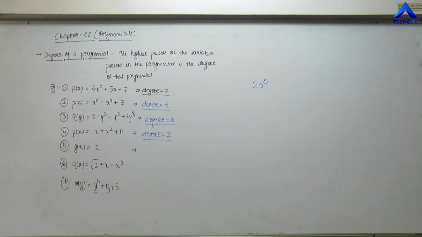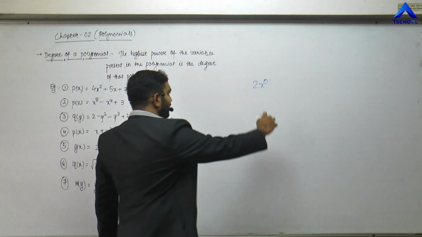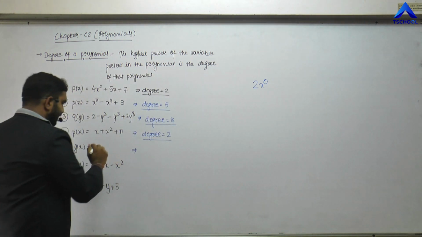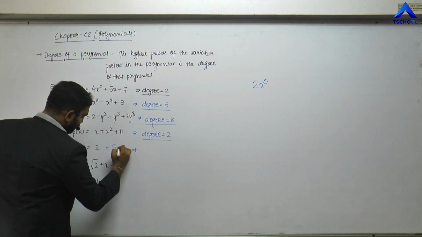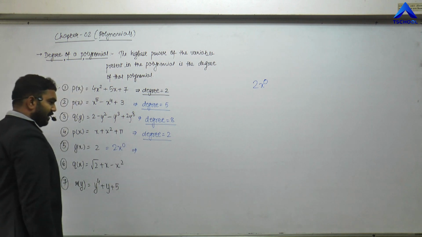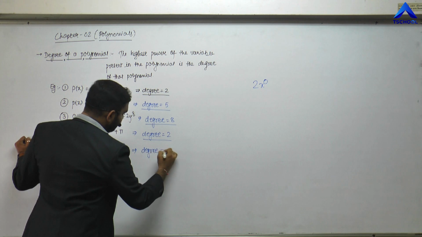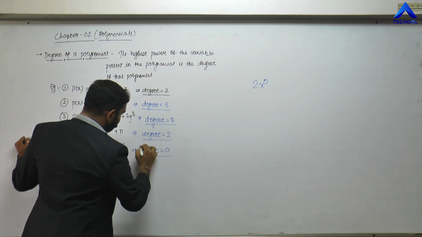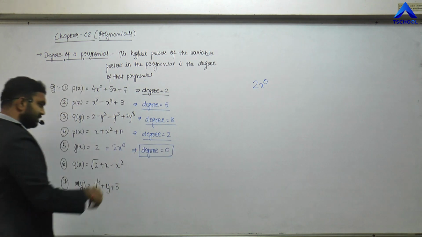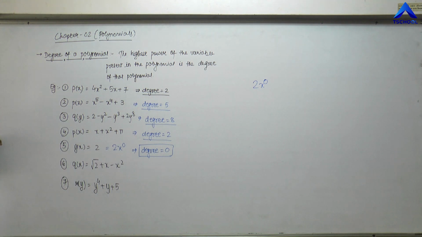A 0 power means 2x raised to 0. Therefore, this 2 can be written as 2x raised to 0, and hence here the degree is 0. This is a special case. Let us first discuss the degree of the remaining 2, then we shall come back to this degree 0.